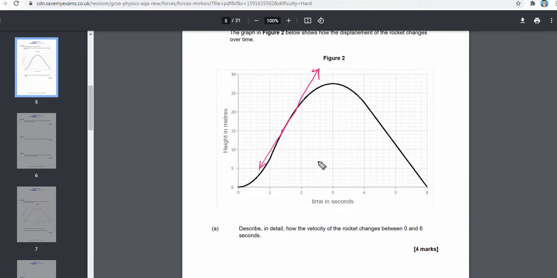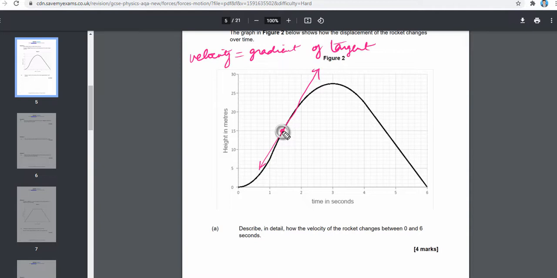of the toy. So I'll take 2 points and we'll use the formula for the gradient and work out the velocity. So velocity will be equal to the gradient of the tangent.